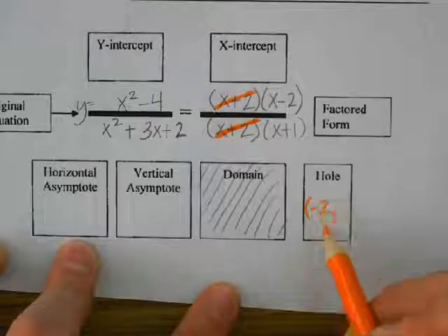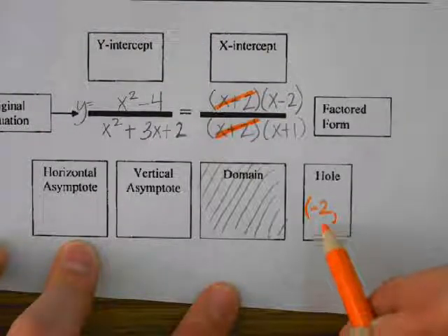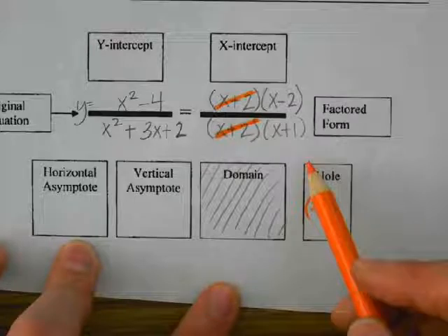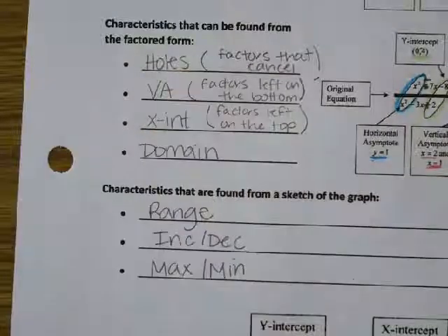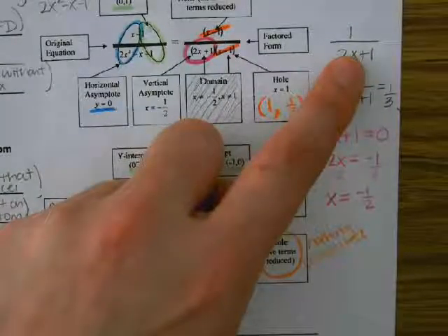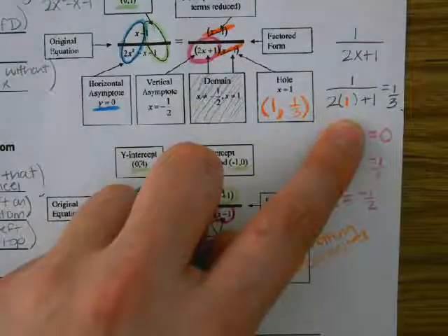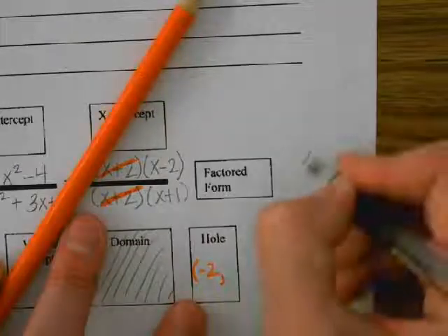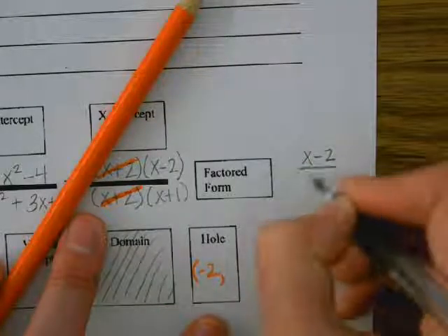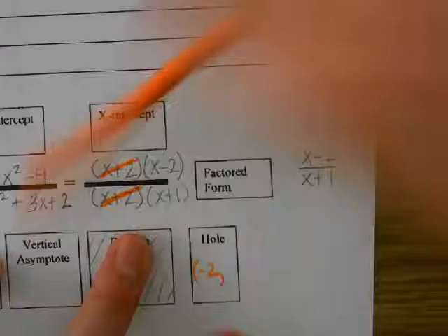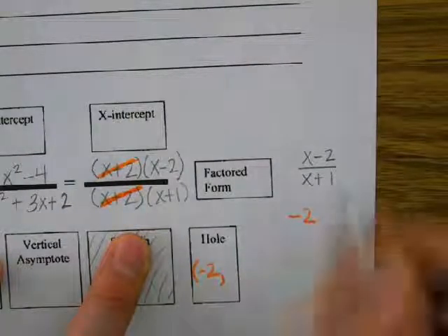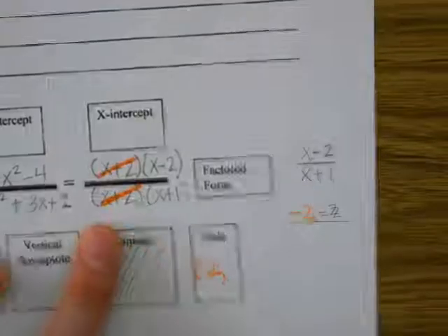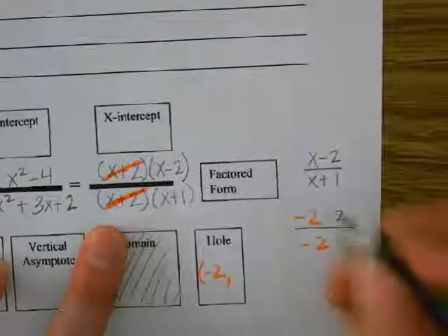And where do we plug the negative 2 in? We write down what's left over, and then we plug the x into what's left over. Perfect. The stuff that's left over is x minus 2 over x plus 1, and that is where we plug the negative 2 in. So we're going to have negative 2 minus 2 divided by negative 2 plus 1.